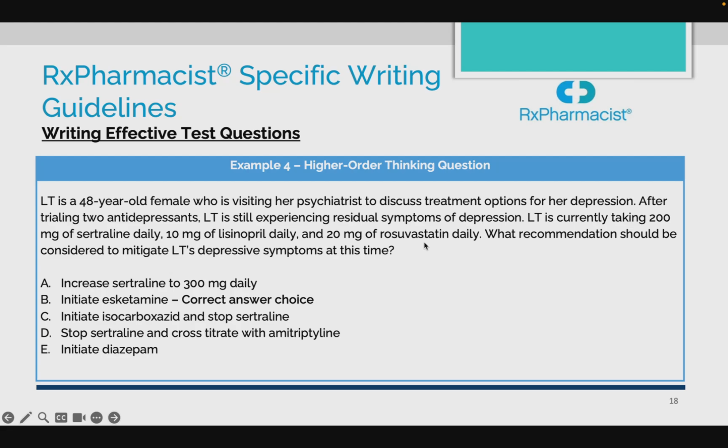And E, to initiate diazepam, that would be an incorrect answer because it is not a treatment for treatment-resistant depression. So all you're left with is initiating esketamine. The patient is already taking sertraline daily, so this qualifies her for this medication.